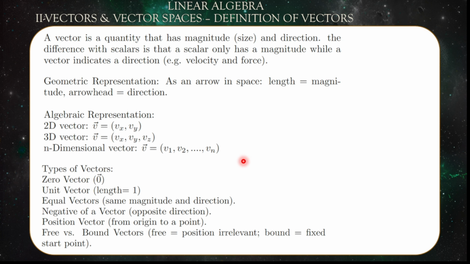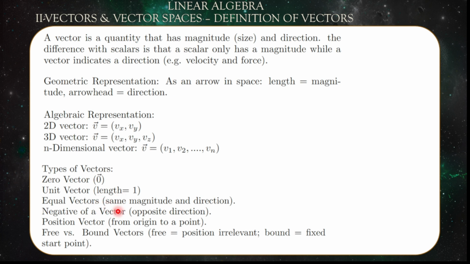Types of vectors, so you have the generic types: zero vector that has a value of 0, unit vector which has a length of 1. It would be the vector equivalent to the length of each section, of each division within the axis system.